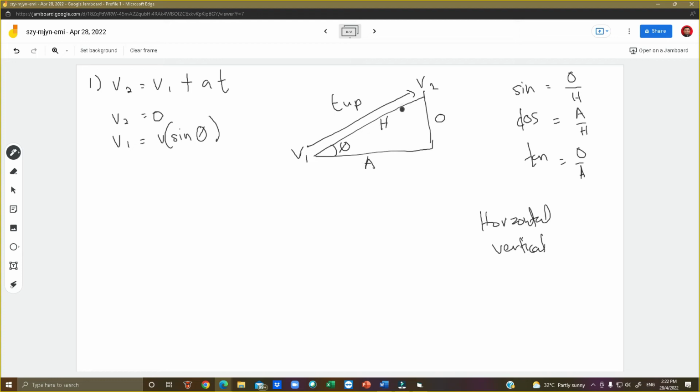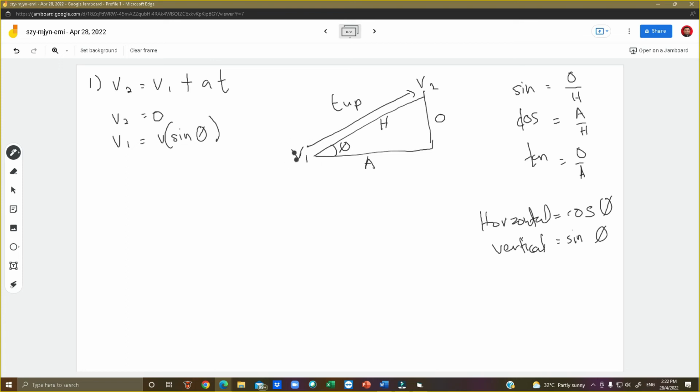Jadi, kalau case horizontal, your value need to be the adjacent value and hypotenuse, cos. Cara untuk kita pilih. And if your case is vertical, your value need to be opposite and hypotenuse. Sin. Cos apa? Cos theta lah.